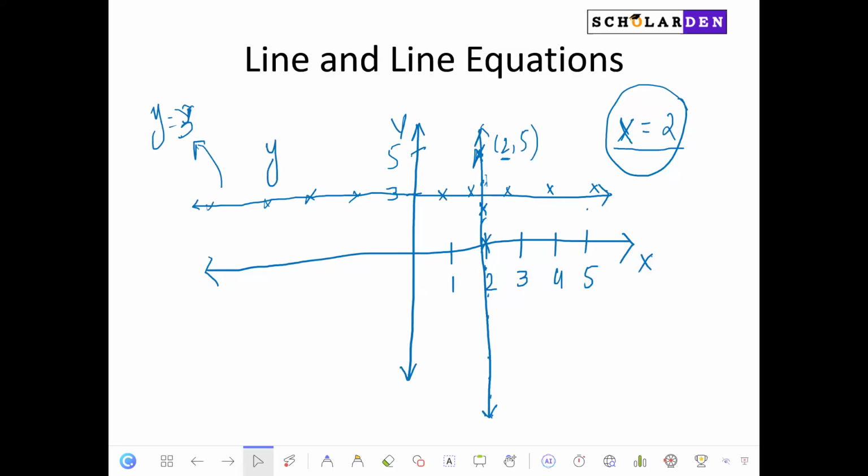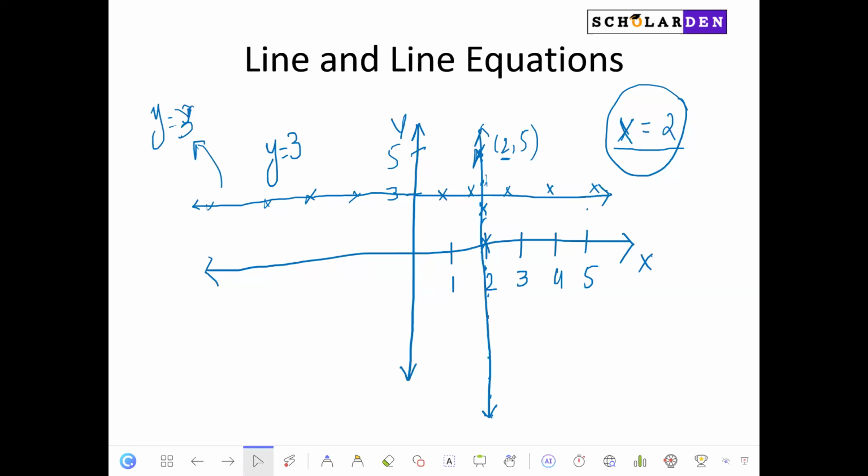So this is the line for which y is equal to 3. And if we look at any of the points that lie on this line, for all of them, the y coordinate is going to remain 3. The x coordinates are going to change as we move either to the left or to the right.